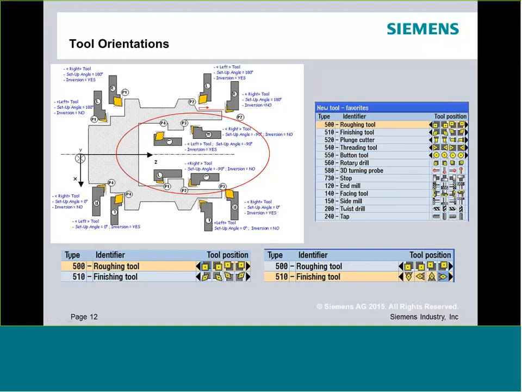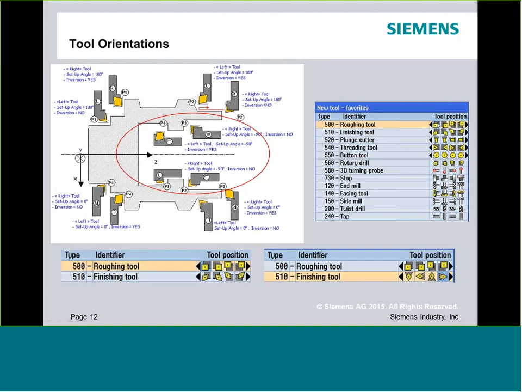If you look on the right side, we're showing a roughing tool, and the first position always denotes an OD tool. When I say always, I'm talking about a standard fixed turret scenario. When you get to B-axis machines, things can get a little different, so keep that in mind. But in a traditional fixed turret lathe, front or rear turret, the first position is always going to denote an OD tool.